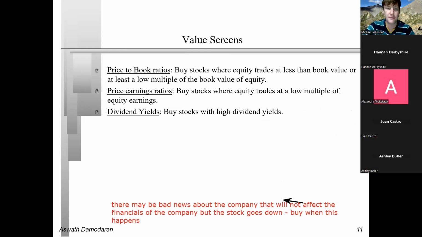So Warren Buffett, Ben Graham, they look at price to book ratios. One of the things that they look at is buy stocks where equity trades at less than book value, or at least a low multiple of the book value of equity. Book value just means net assets. Book value is assets minus liabilities, so it equals net assets.